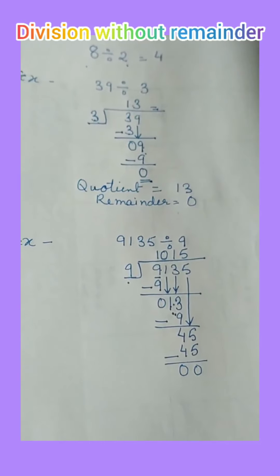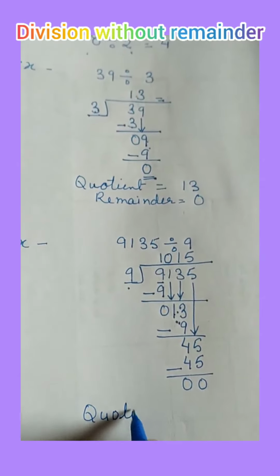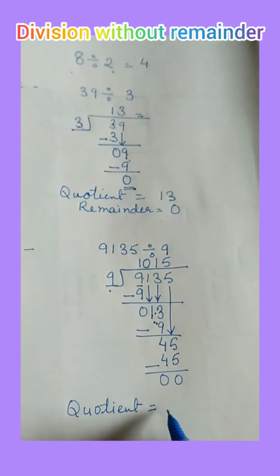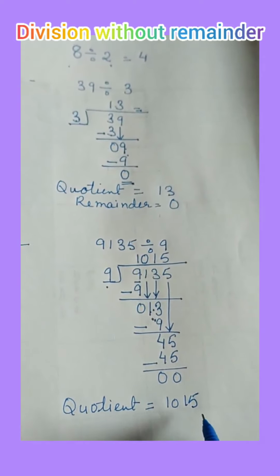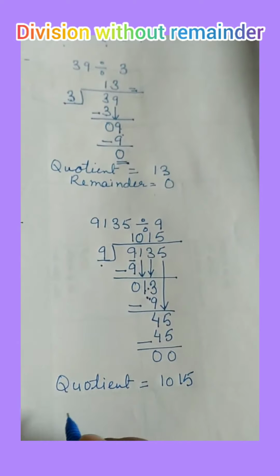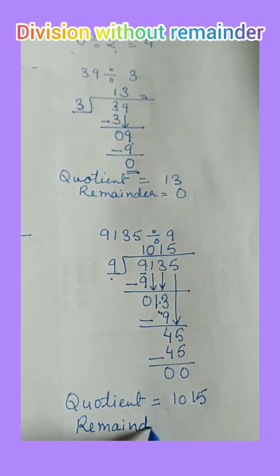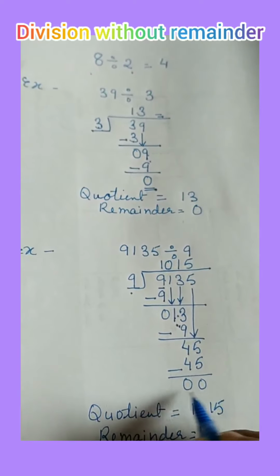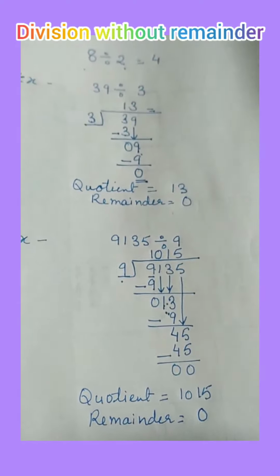So here we got our answer, that is the quotient. Quotient is equal to 1015. And how much is the remainder? Are we left with anything? No, we are left with nothing, 0. So the remainder will be 0, right?